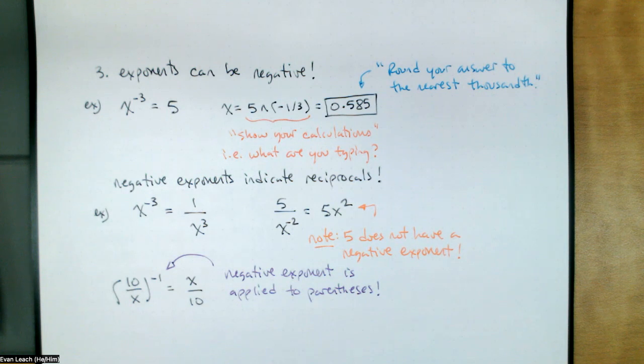So negative exponents indicate reciprocals. Radicals indicate fraction exponents. The denominator is the index. Note that this exponent stuff applies to solving for a base.